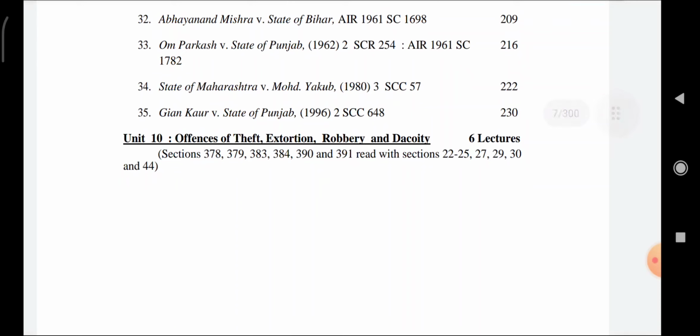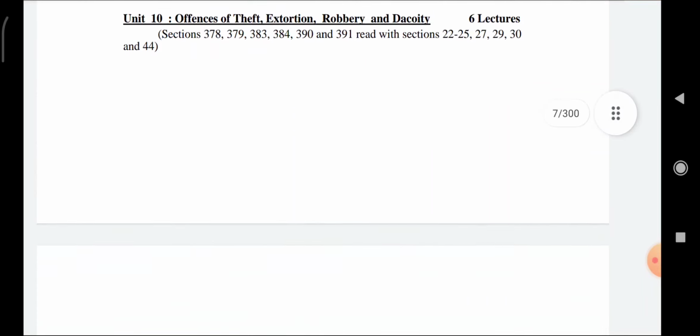Section 378 is related to theft, 379 I guess is the punishment for theft. 383, that is extortion, 384, 390, and 391, that is robbery or dacoity, read with sections 22, 25, 27, 29, 30, and 44.